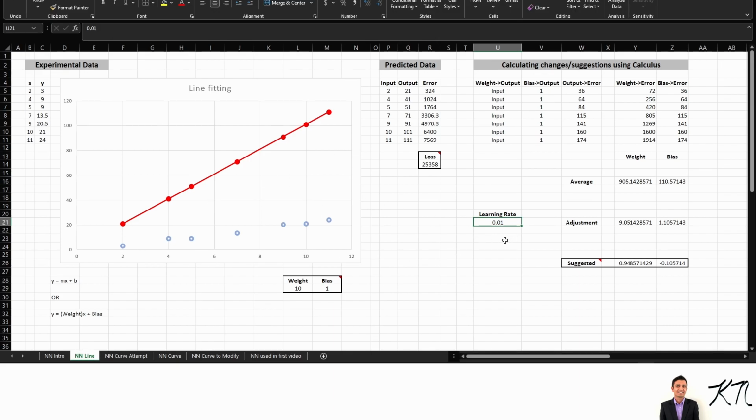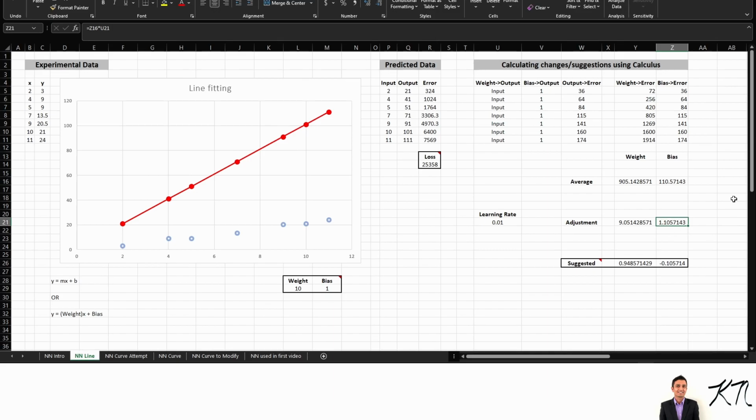In this case, I'm trying 0.01. So all we've done is we've taken this average and multiplied it by this learning rate. And so we've got a suggested adjustment, right? The adjustment that the computer is calculating for weight is 9.05, and for bias is 1.11.